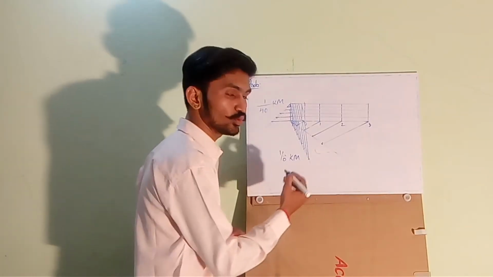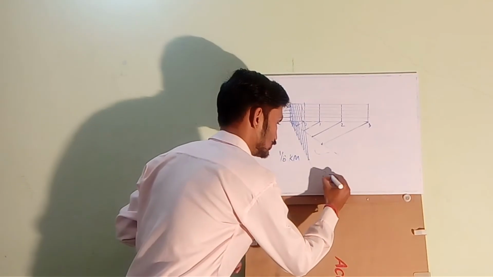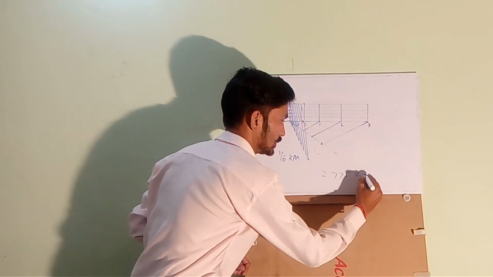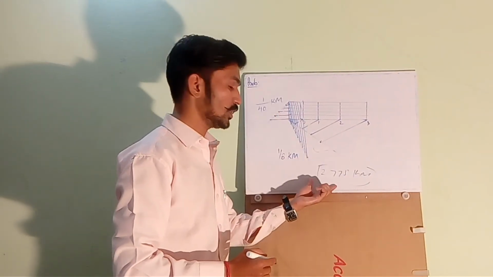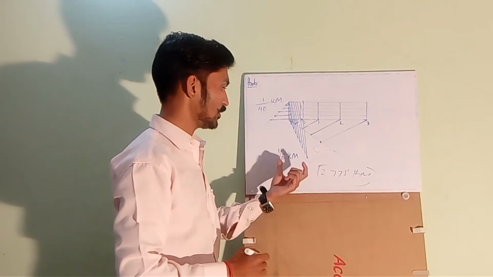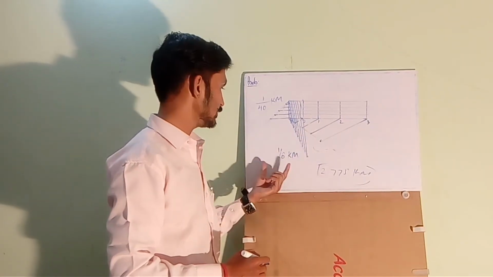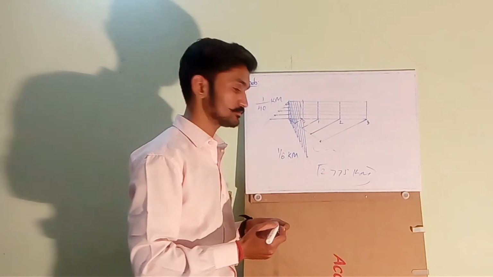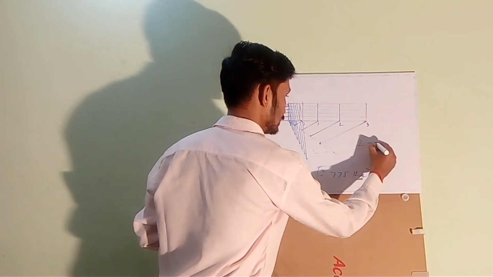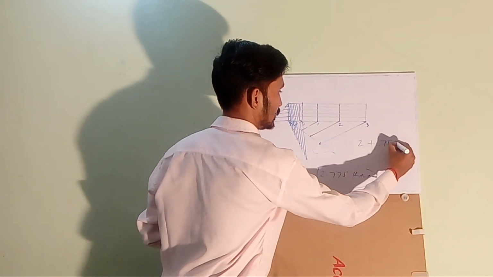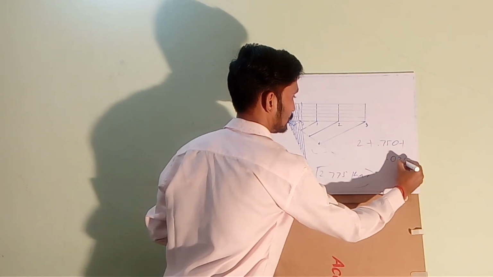Now we are showing 2.775 kilometer on this. We need to break this into multiples of ones, 1/8 and 1/40th. So this is 2 plus 0.750 plus 0.025.